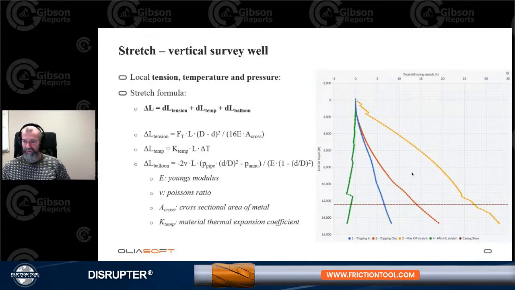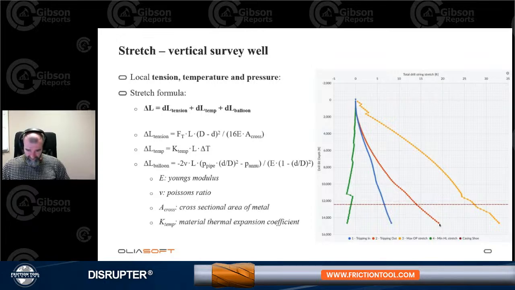So basically using the information on the yield of the components, I figured out this yellow line, right? Obviously, when we were tripping in, the stretch is lower than when tripping out, and these 2 ones fall nicely in between.